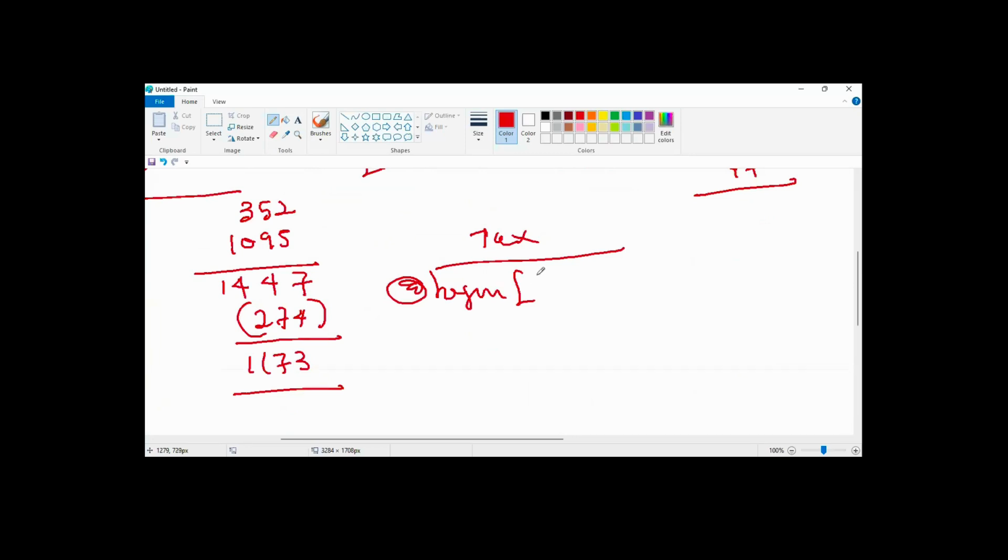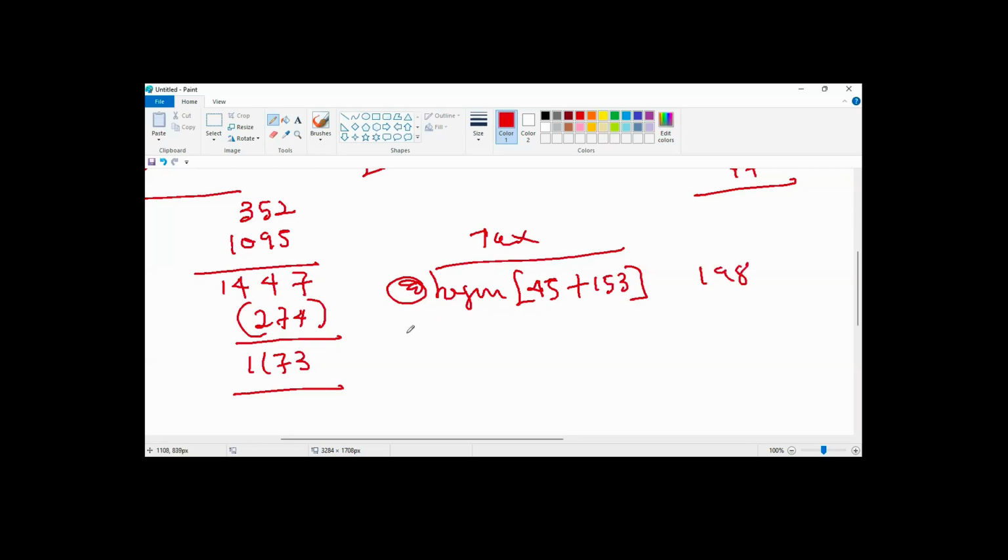I'll pay 45 plus current tax in the current liability, 153. 45 plus 153 is 198.